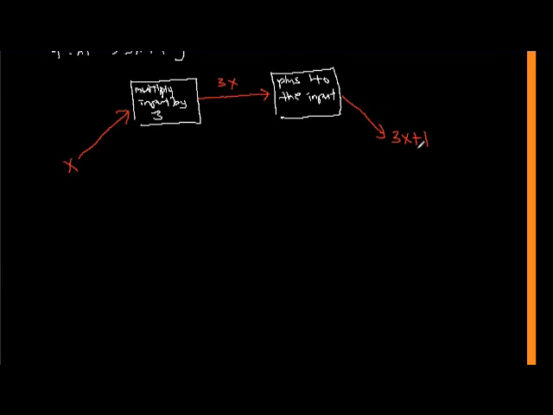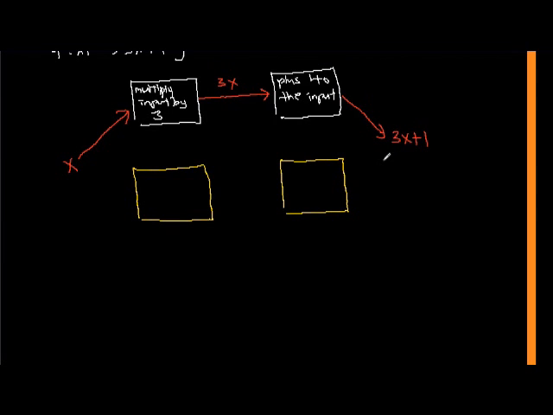In order to reverse the process, the output will need to go through two simpler processes as well. So again, visualize these two rectangles as two machines.